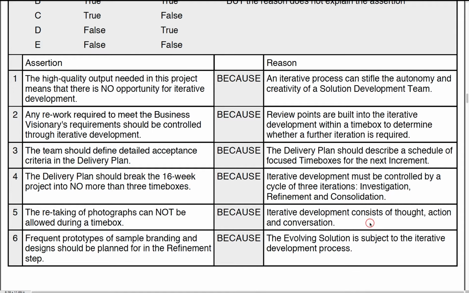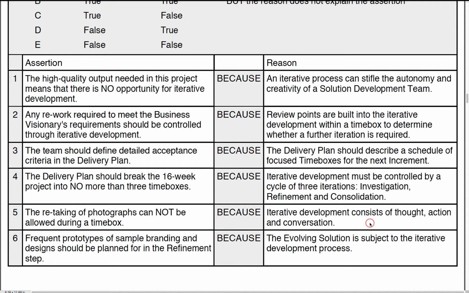Number 5. Iterative development consists of thought, action, and conversation. And a review of the handbook will show that's exactly what it does. So that's true. The evolving solution is subject to the iterative development process. This is also true. That's how we evolve a solution, by going through iterations, doing a little piece of work, thought, action, conversation, having tested it, getting it reviewed.